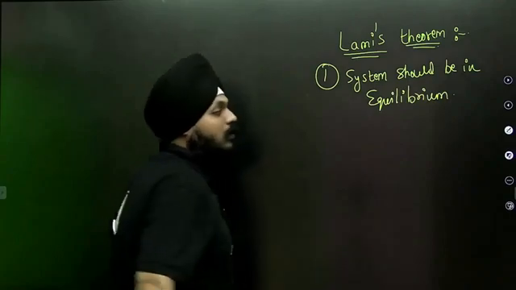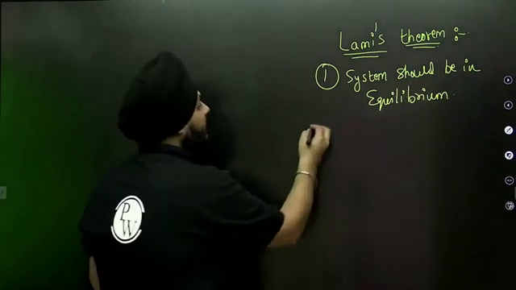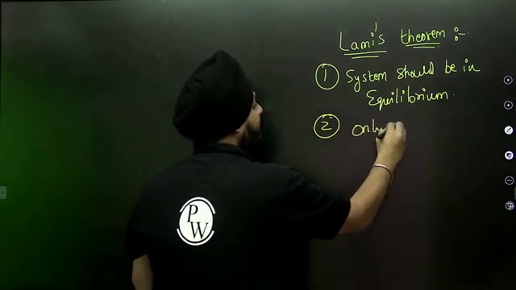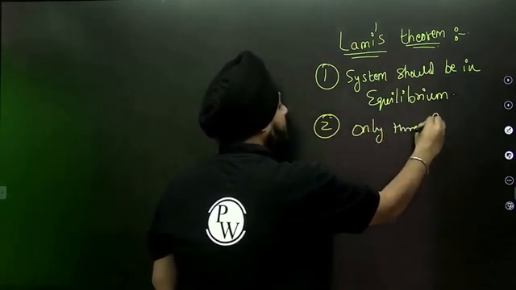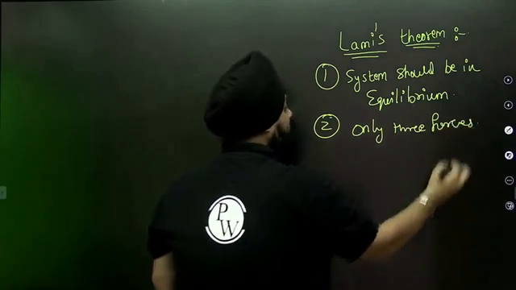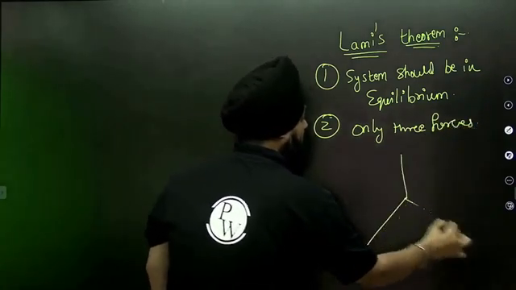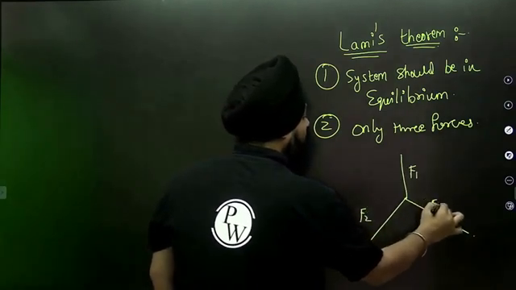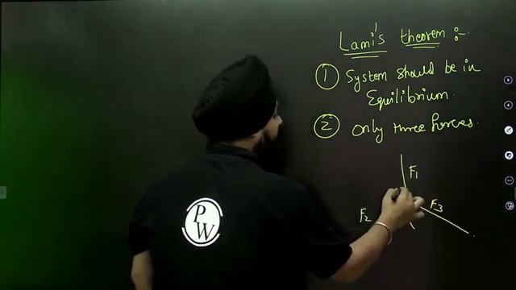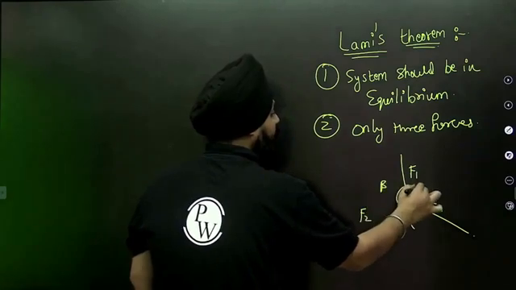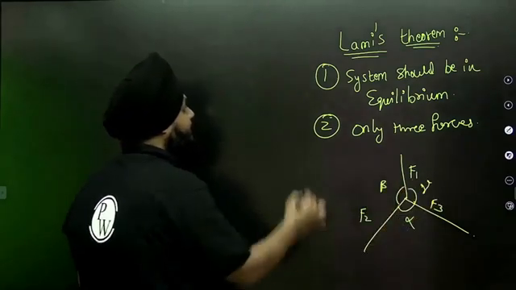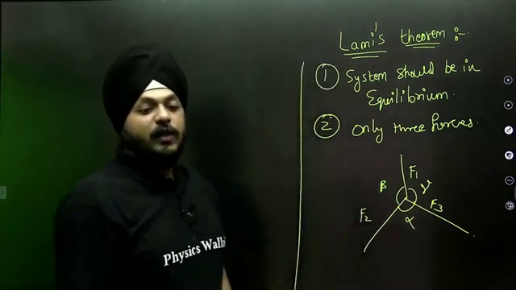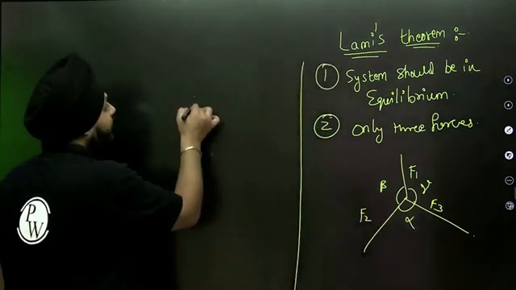Second, only three forces should be there: F1, F2, F3, with angles alpha, beta, gamma. The resultant of the three forces is always zero because the system is in equilibrium.